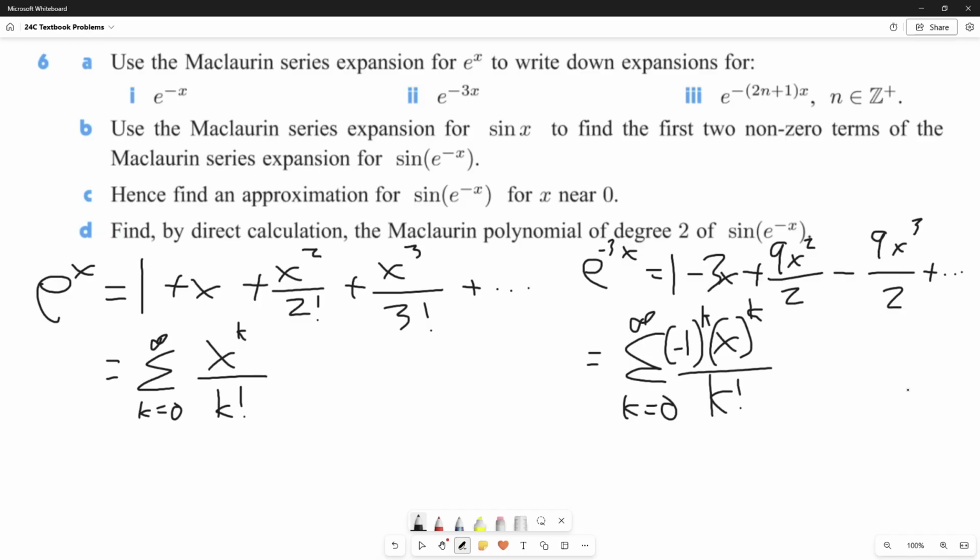So those are your first few terms, and for the sigma notation, you just replace this x with 3x, and that's your answer for part 2.